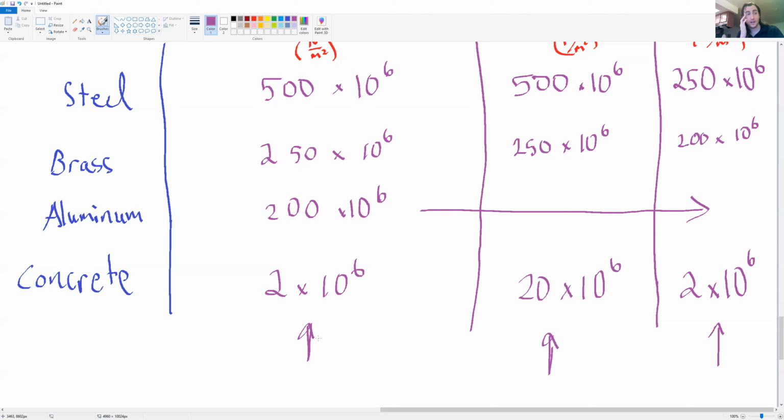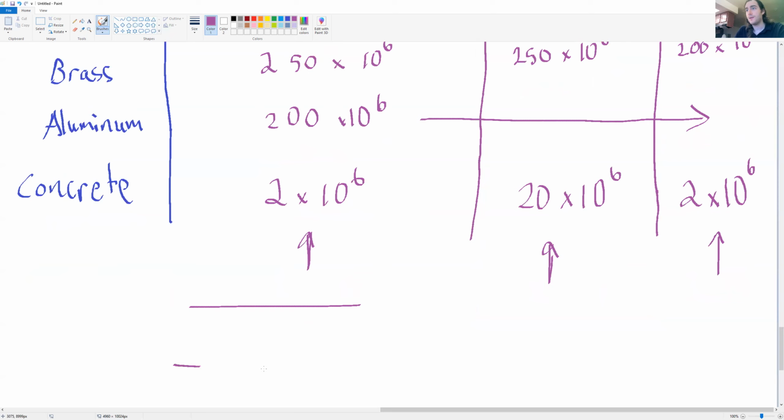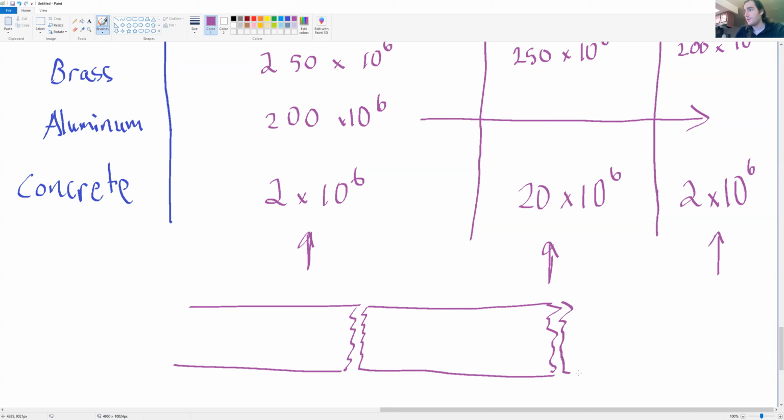If you go over some bridges, you'll oftentimes notice there are these breaks in the bridge, and then there's another piece of the bridge here, and then another break, and then you have another piece like this, and you have these gaps here that allow for the material to expand due to heating, so over a long period of time.